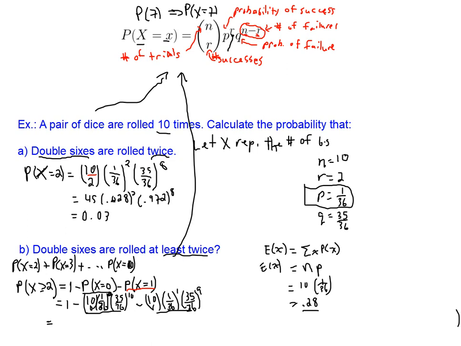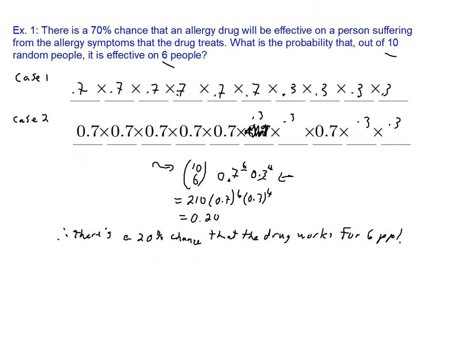If we go back just for a second here to the previous example with the allergy medication, in this case we could calculate the expected value as well. So the expected value here is just going to be the number of trials times the probability of success. Well, in this case, there were 10 trials, and the probability of success was 0.7. 10 times 0.7 is 7.